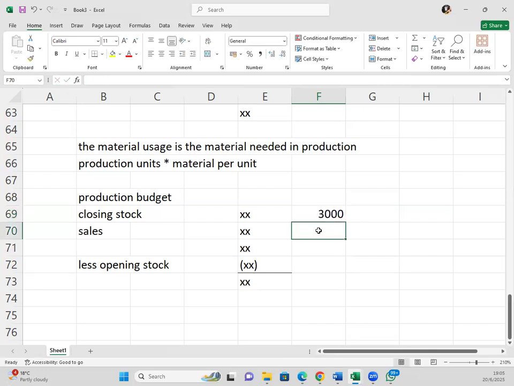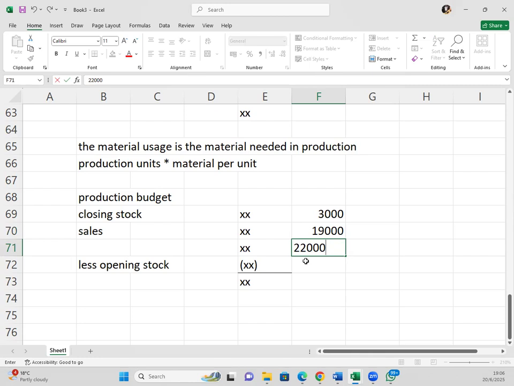Then how many units are we planning to sell? 19,000. So that's 19,000 plus 3,000. That gives us 22,000.